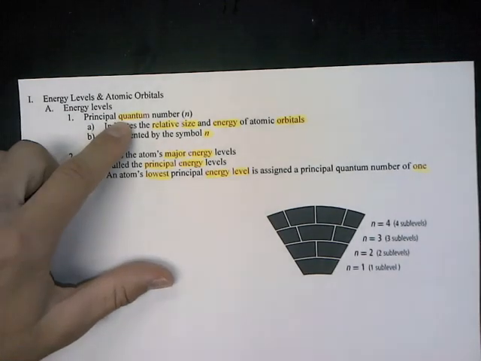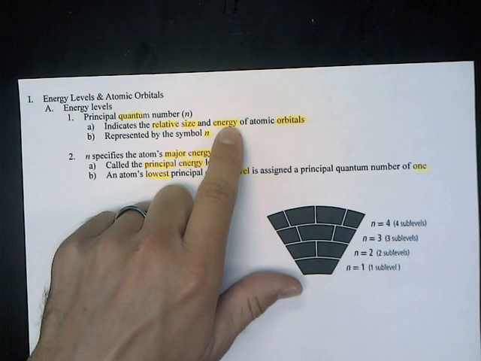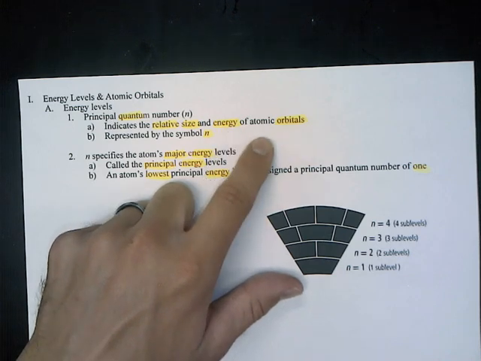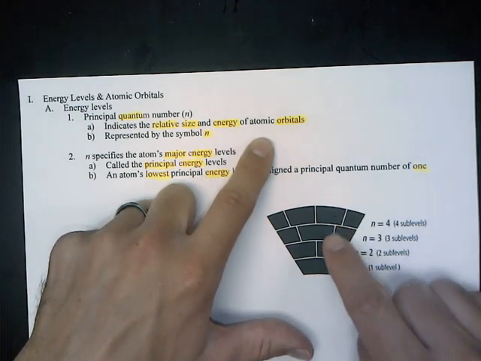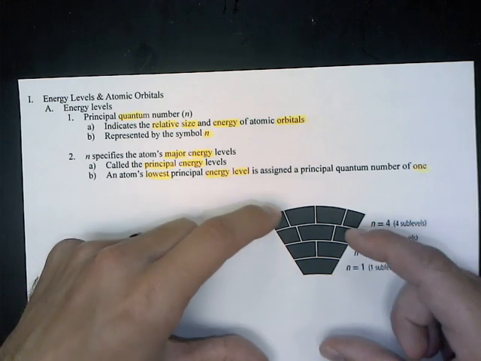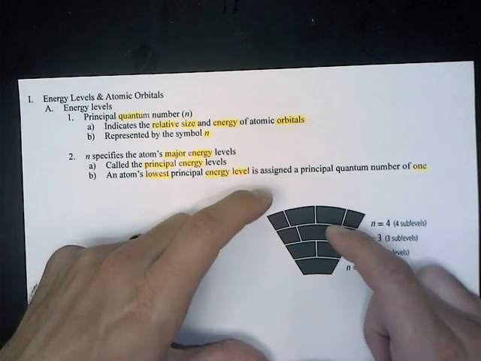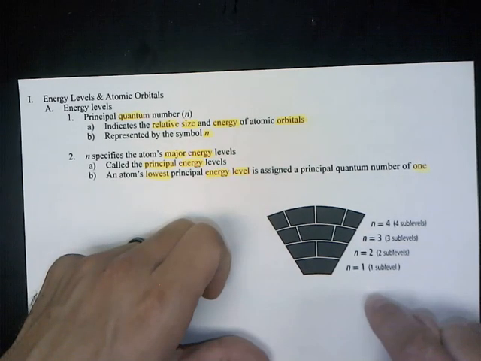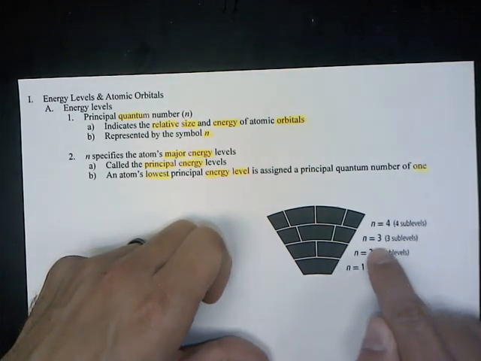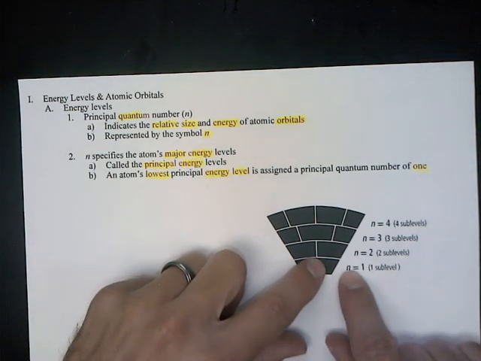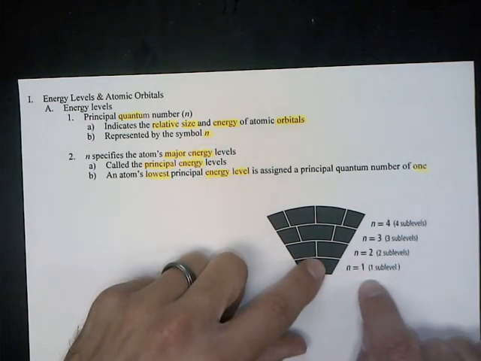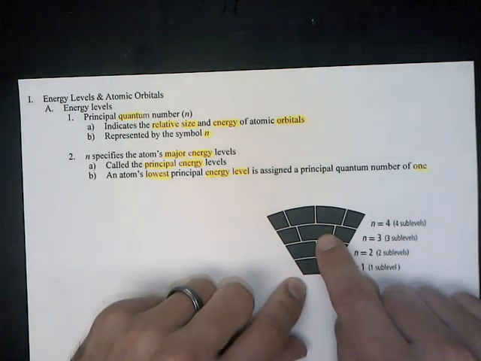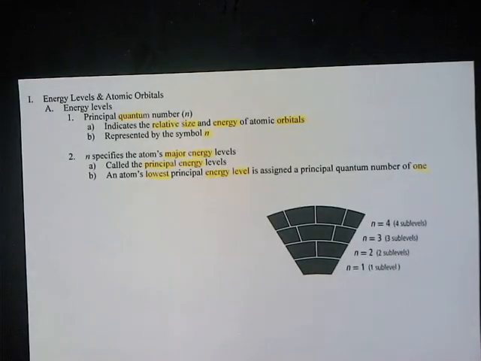So we start out by talking about the quantum number, and this is related to the energy level of the orbital. As we go up in energy levels, remember the electron is getting further and further away from the nucleus, the center. Now, as we increase this n, which is representing energy level, the number goes up and the energy level also goes up.